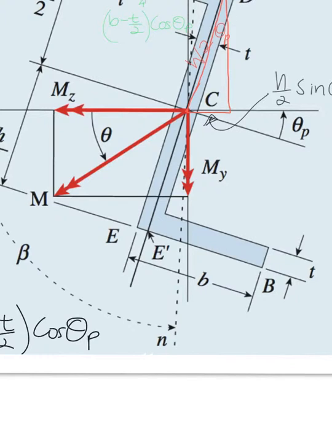I'm going to just change the color here, minus h over 2 the sine of theta p. That's it, simple as that. And you can make the comparison, and it should give you the answer that we're looking for.